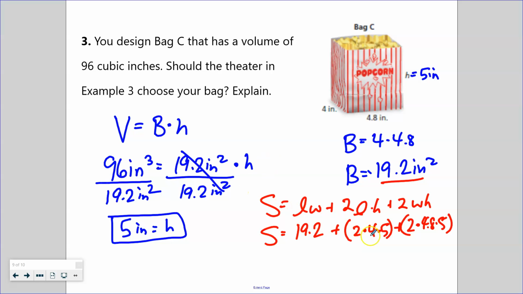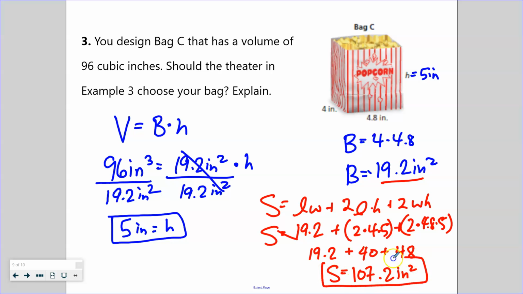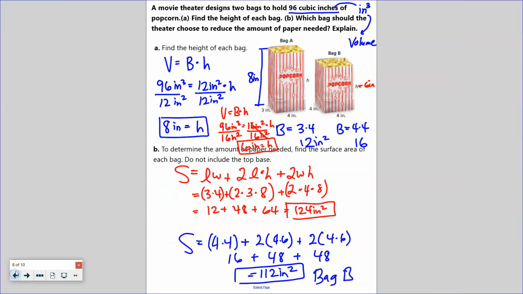All right, so this one's pretty easy. We have 20, that's 40. And then 2 times 5 is 10, move the decimal place over, so we have 48. And so 88 plus 19.2, and we get 107.2 inches squared.